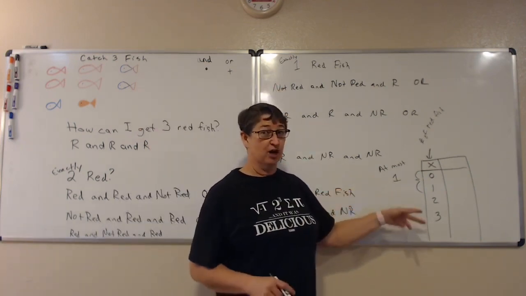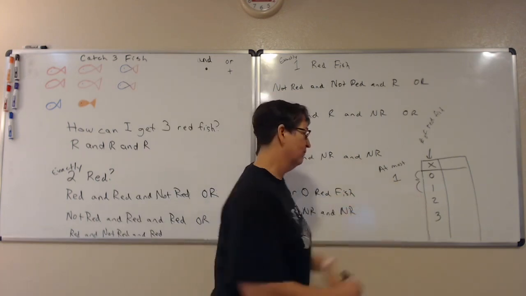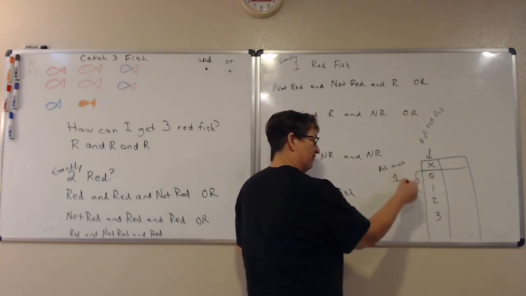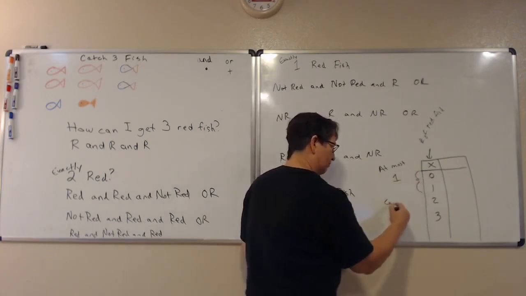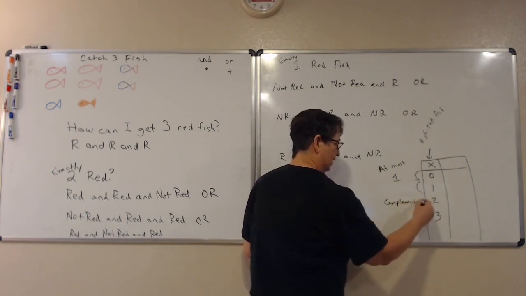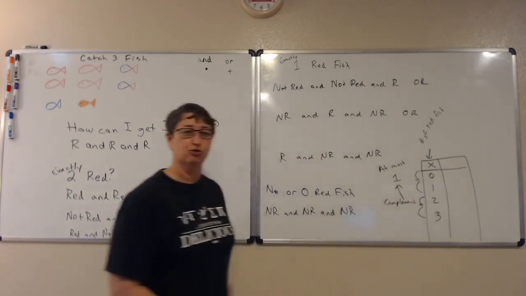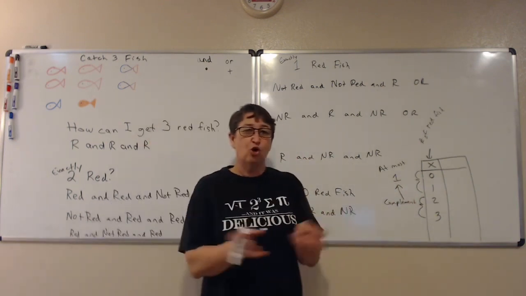Notice here the complement of that is 2 and 3. So these 2 and 3 are not part of that set. The complement of at most 1 are these two, the 2 and the 3. So the complement makes up the whole set.